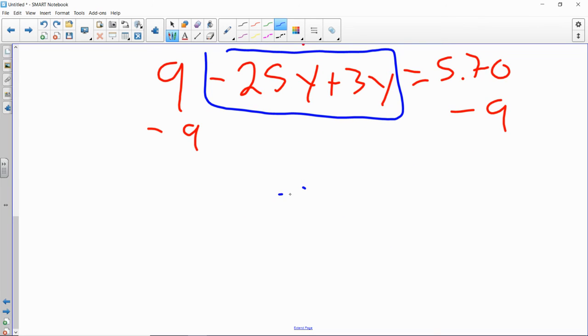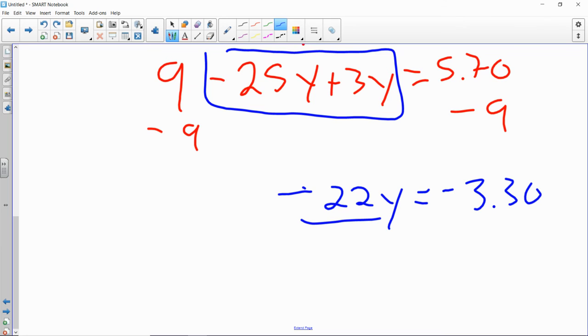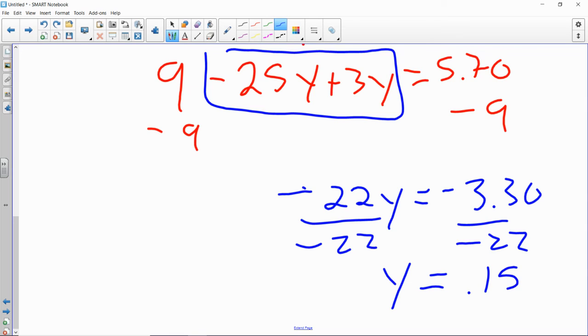So when I combine my like terms, I have negative 22Y, and 570 minus 9 should give us negative 330. So when I divide by negative 22, that's how I'll get my value for Y, which is gum, which should come out to be 15 cents.